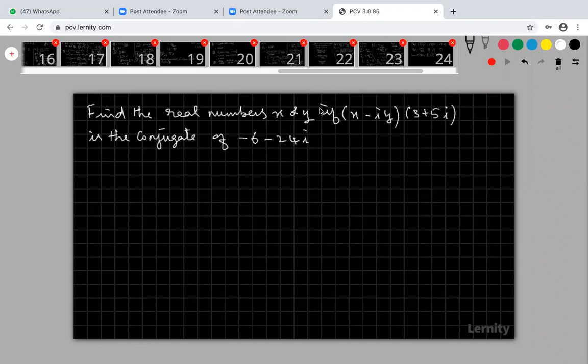If you multiply these two, you will get one complex number. This complex number is the conjugate of this number. Then what is the answer? Find x and y. How to find out?